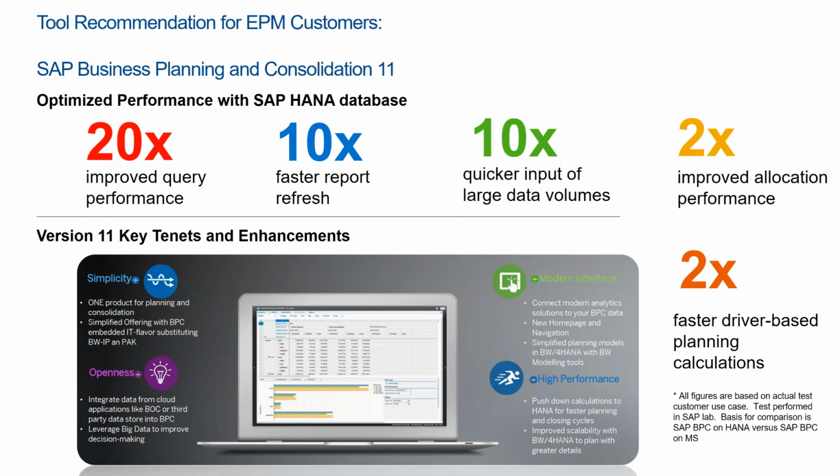And then again, from my perspective, I wanted to talk about the performance a little bit. So if you're a legacy Microsoft or NetWeaver customer, if you're a legacy Hyperion customer, the performance on the HANA database is very impressive. I was just talking to our hosting provider yesterday.